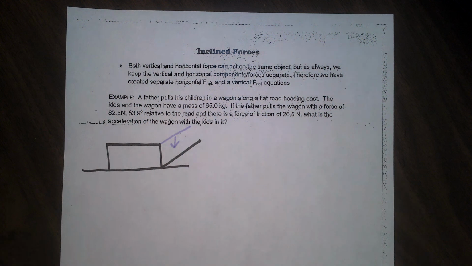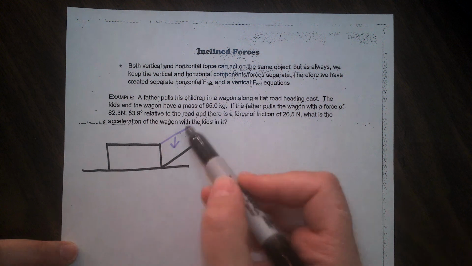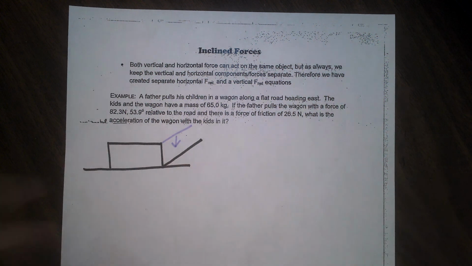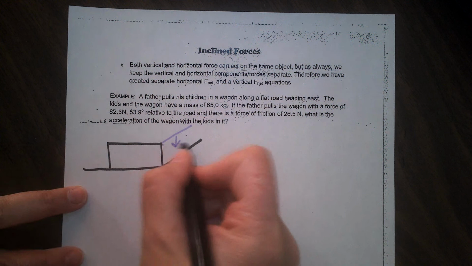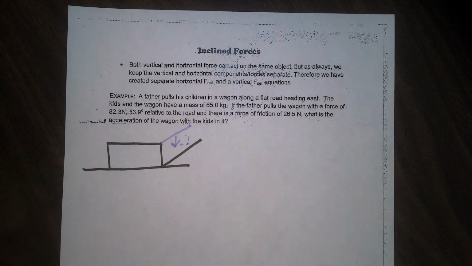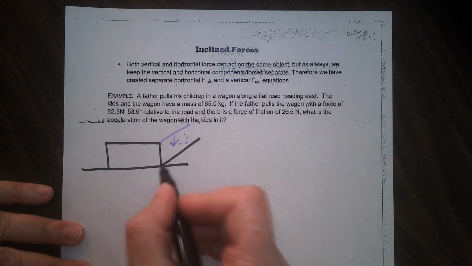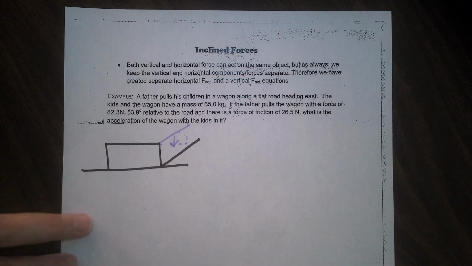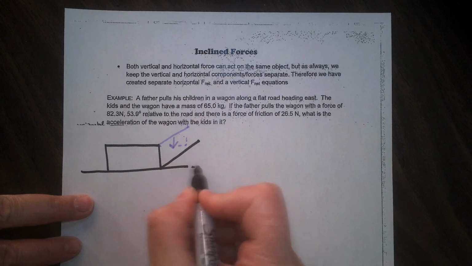It's the same thing, because when we see this line here, the purple line, we know we need to make a horizontal and a vertical, and a lot of people tend to shut down because it's up in the air. So all we do is move that handle down to the bottom of the wagon, or the bottom of the object, and now we know that we're just looking at this particular triangle here.